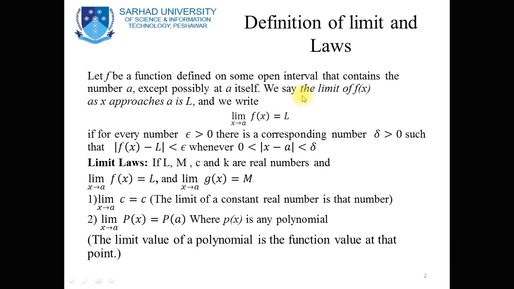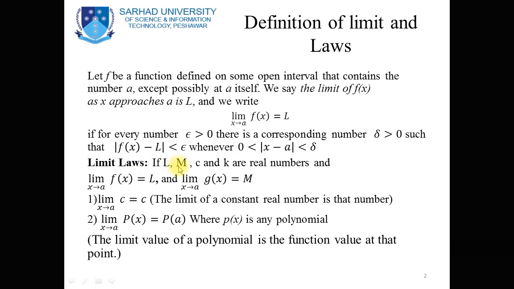We say that the limit of the function f of x as x approaches a is L, and we write limit x tends to a for the function f of x is equal to L, if for every number epsilon greater than 0 there is a corresponding number delta greater than 0 such that absolute f of x minus L will be less than epsilon whenever absolute x minus a is greater than 0 and less than delta. Now, some laws for limits.